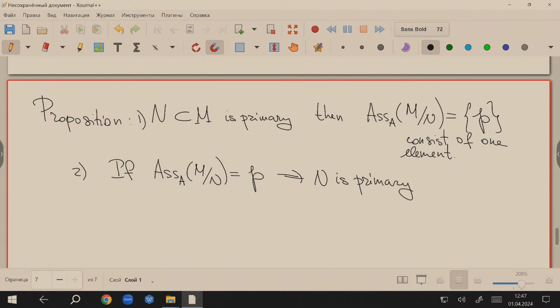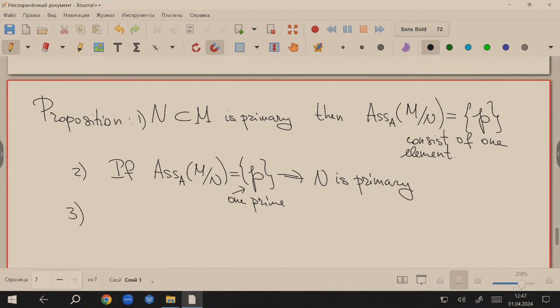So this is precisely a characterization. This is one prime. And this suggests that if you have a prime ideal, this gives a primary module, this gives you uniquely a primary ideal. So this suggests that N is called associated with P.